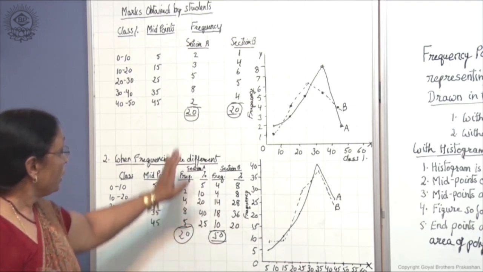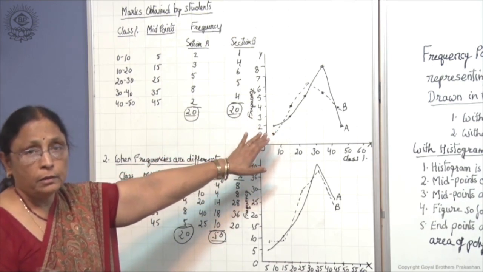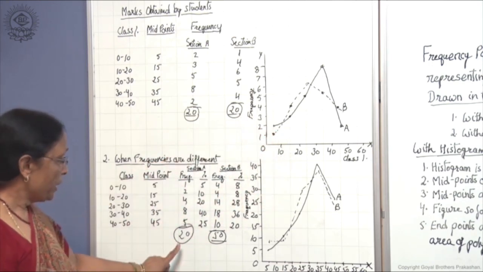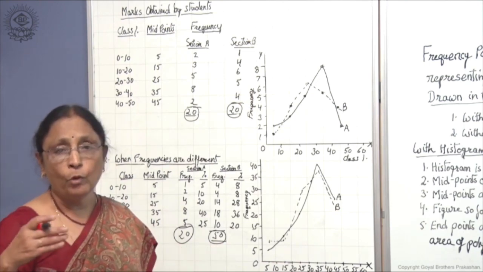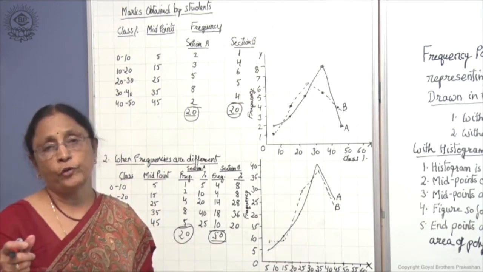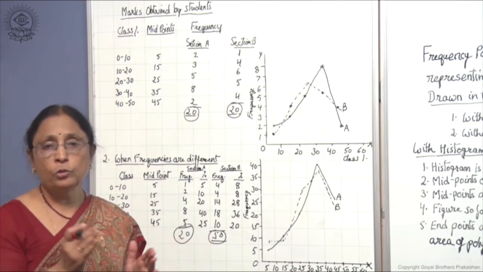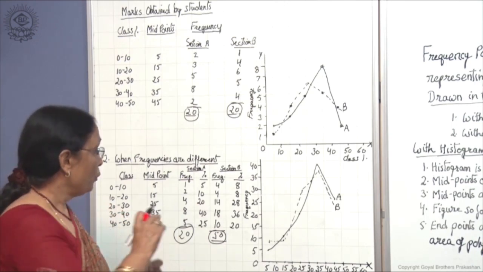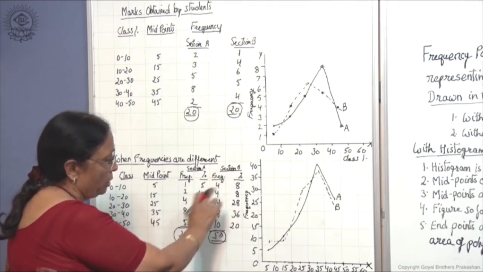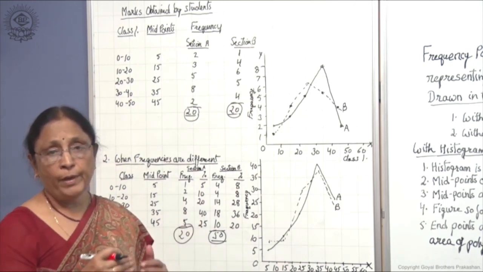Now here the total was the same, so it was easier and less calculation was involved, but in this case the total is different, so you have to follow one more step, and that is you have to take out the percentage of frequency just to equalize it, or you can say to measure frequency in percentage. That will give you the same comparison.